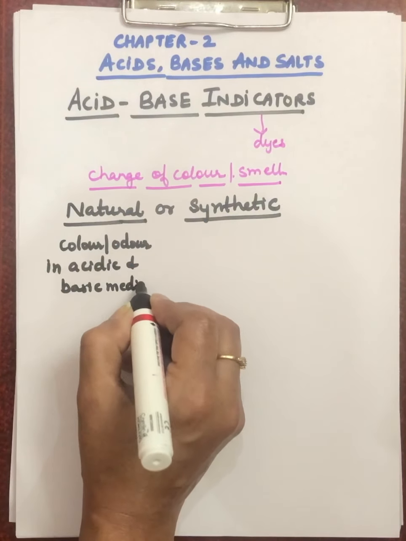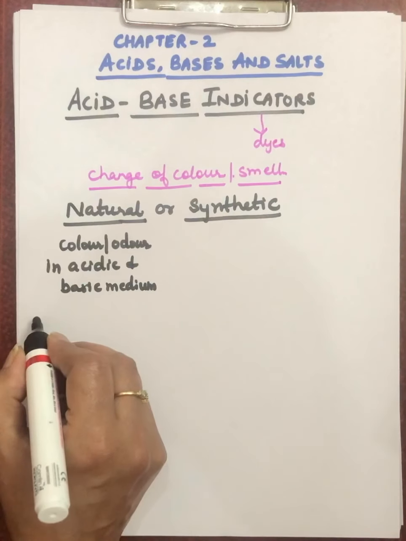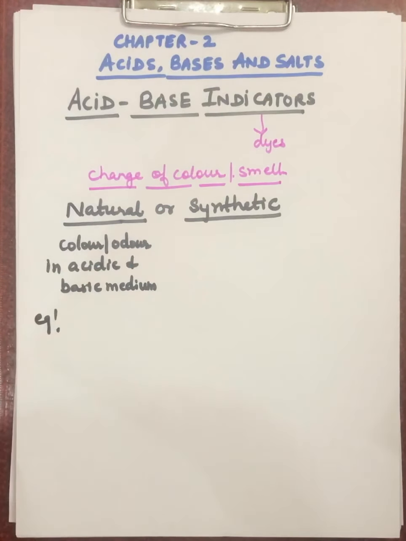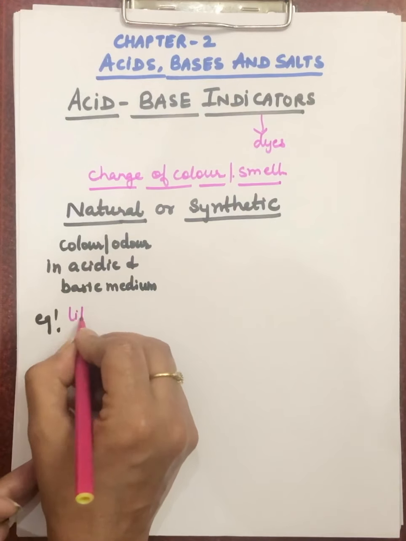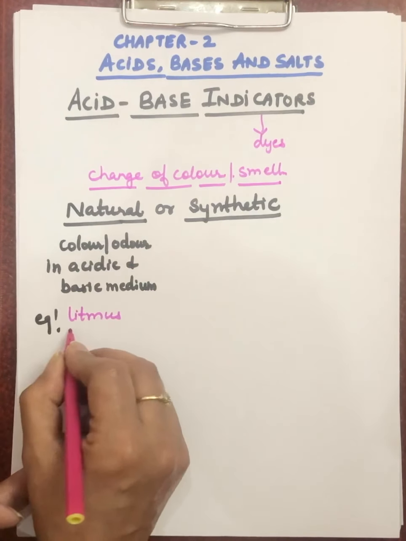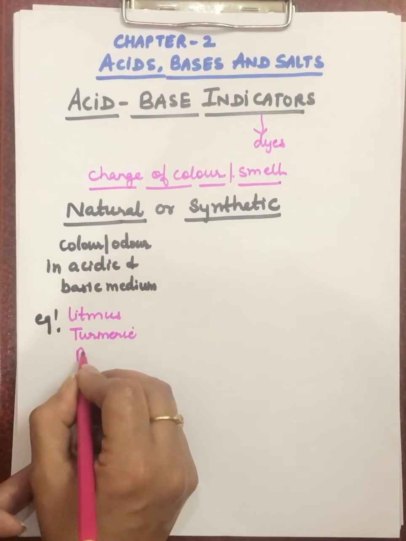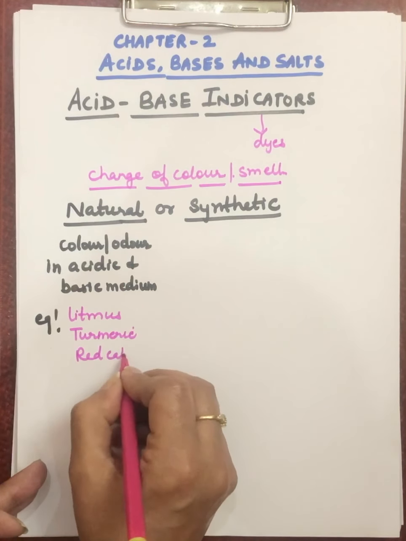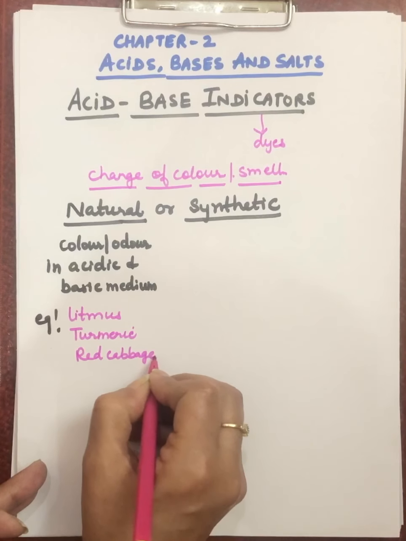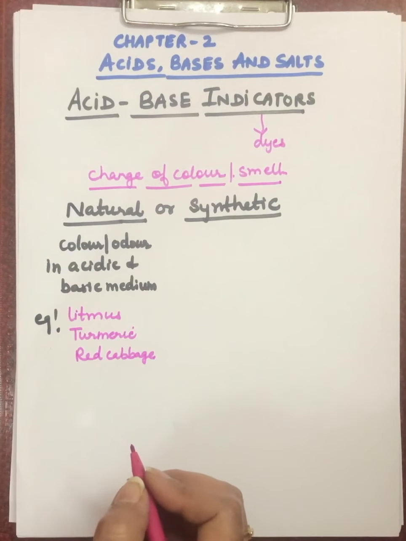Examples of natural indicators are litmus, turmeric, red cabbage.